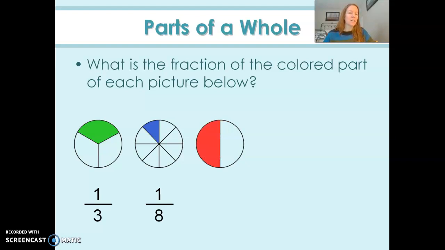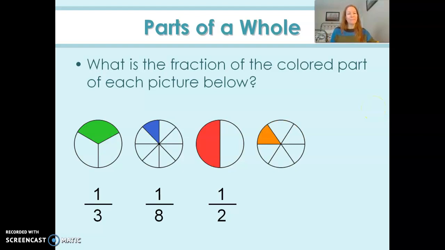Look at this piece, kind of looks like a Pokemon ball. Well, there's 2 parts to it. I don't think I would say 1/2. I don't think that sounds right. What do you think this would be called? A half, that's right. This fraction is called a half. 1/2.